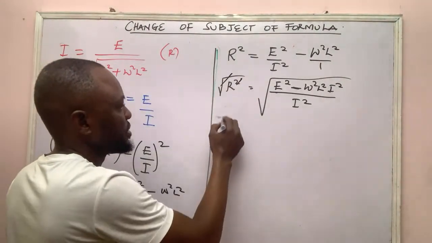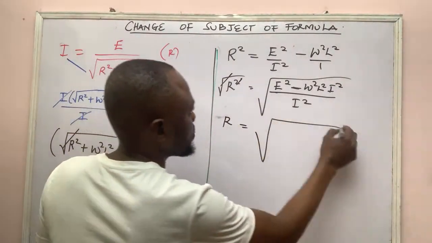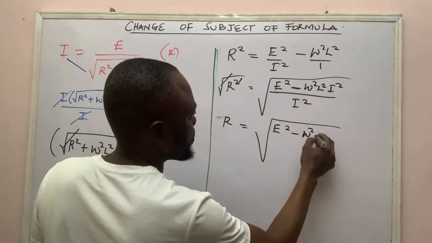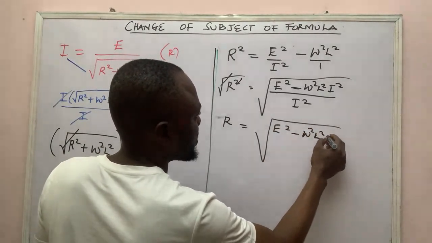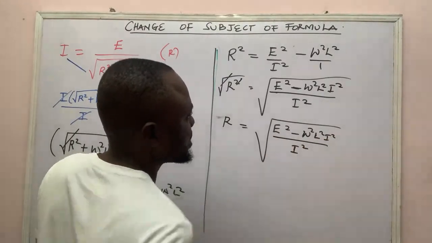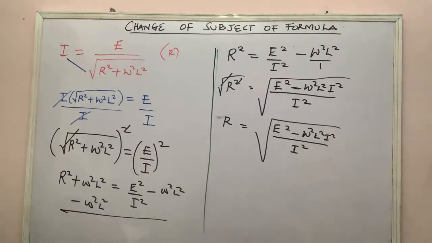So this cancels it. So r will be the square root of E squared minus W squared L squared I squared over I squared. All right? So you can see that.